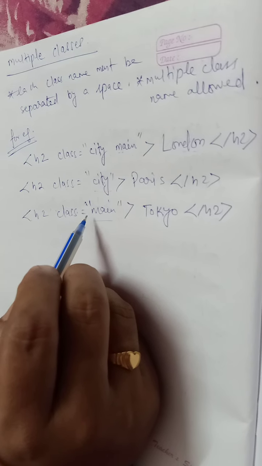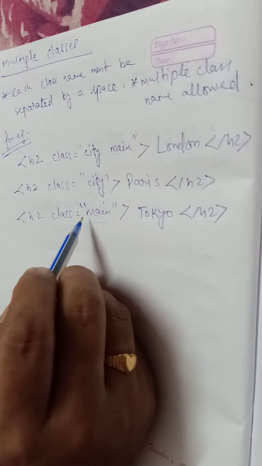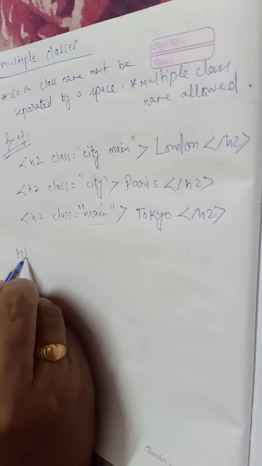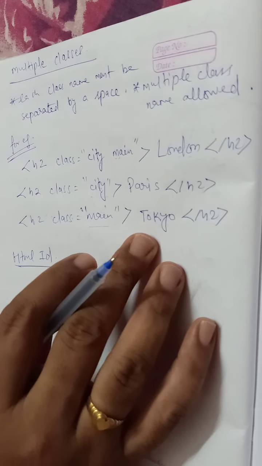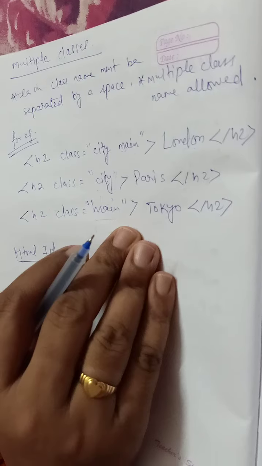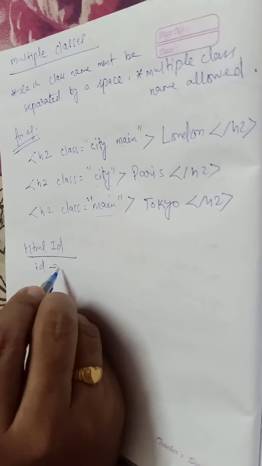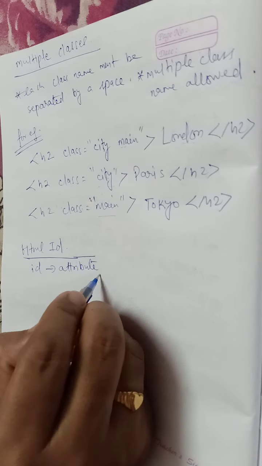Now let us discuss HTML ID. What is an ID and how do we use it? This ID is an attribute.